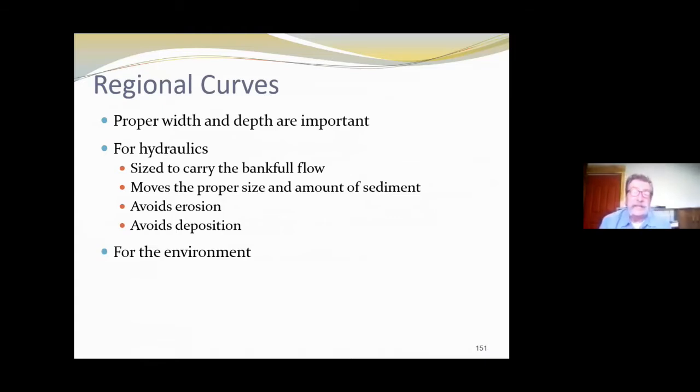They just exist in that V-shaped valley. So again, those reference reaches are extremely valuable. You're trying to recreate something that is proper for that valley type and that setting in the watershed for that stream channel. So use regional curves with a little background information of what needs to sit in that section of watershed.